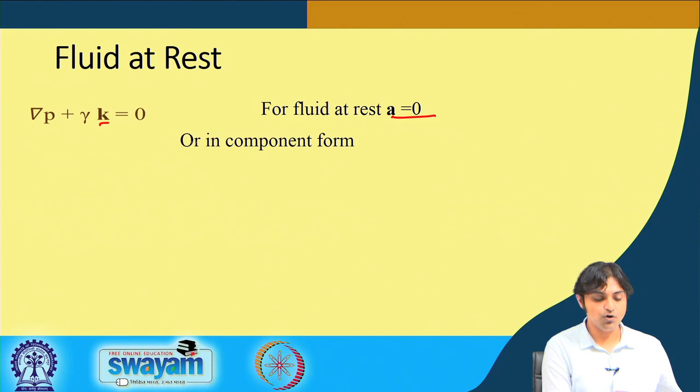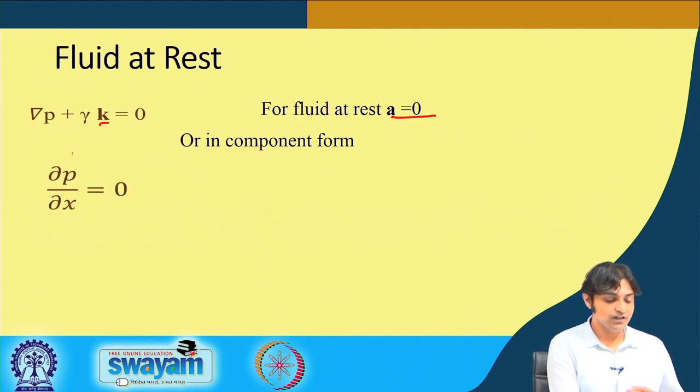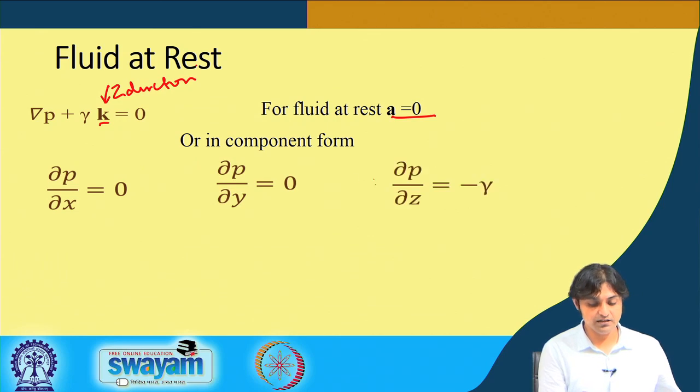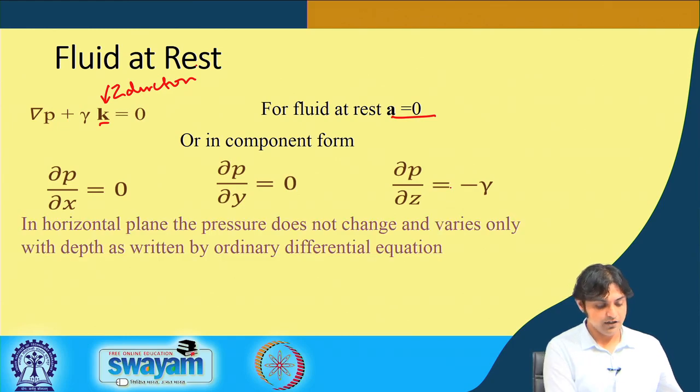Or if we write in component form, because this is z direction, right, in x direction there is only pressure, so delta P by delta x is equal to 0, delta P by delta y is equal to 0, but in z direction it will be delta P by delta z is equal to minus gamma.